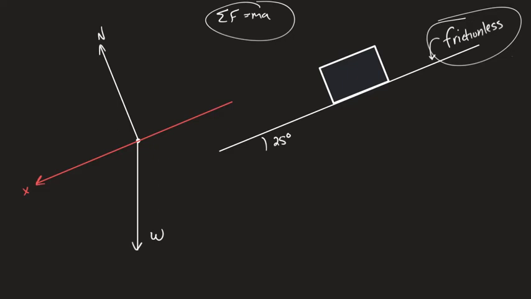If you line up the x direction with the ramp, by definition, the normal force is lined up with the y direction. On an inclined plane, it is almost always going to be better for you to make the x direction down the ramp.